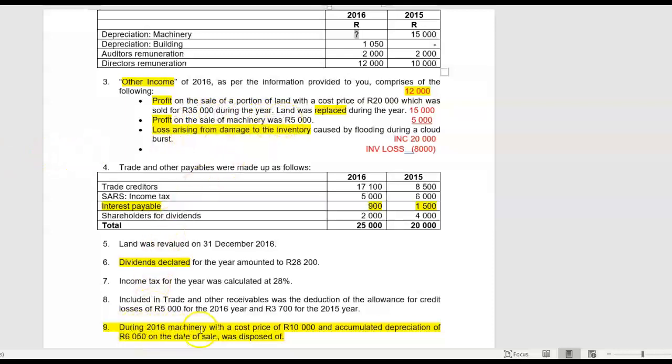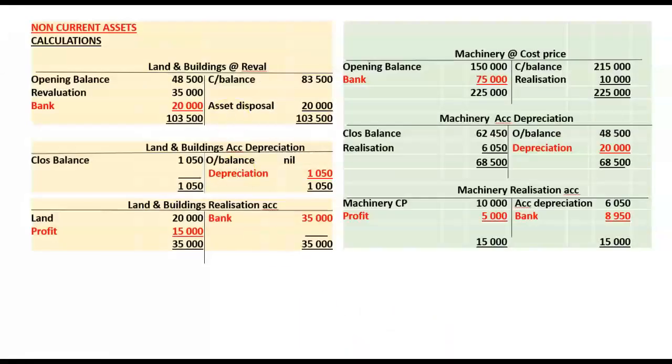During 2016, machinery with a cost price of 10,000 and accumulated depreciation of 6,050 rand at the date of sale was disposed of. So we're going to take out the 10,000, drop it down to the asset disposal account. We're going to take out the 6,050. We're going to drop that down to the disposal account. We're going to account for the profit which they gave us on the side of the machinery of 5,000 rand.